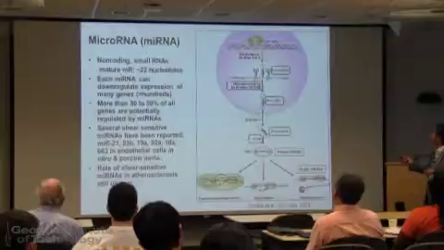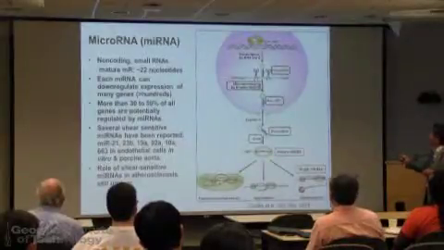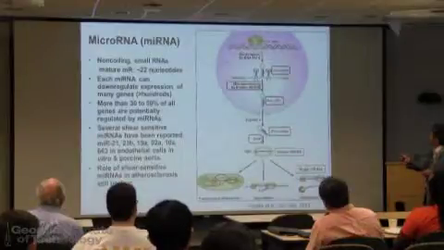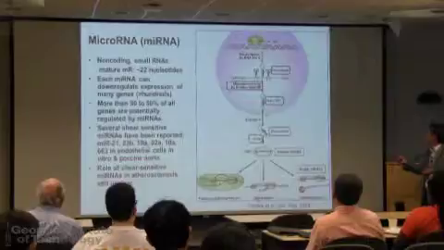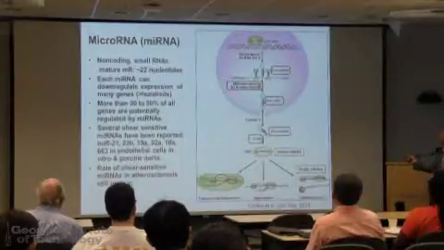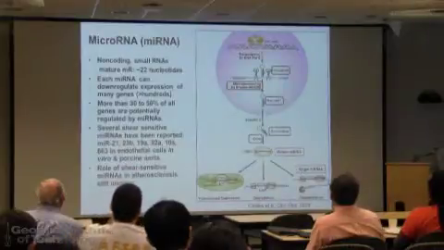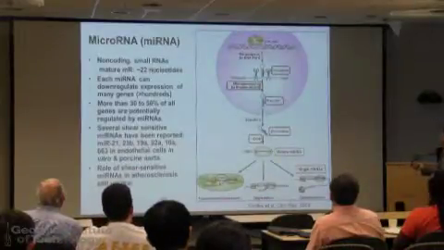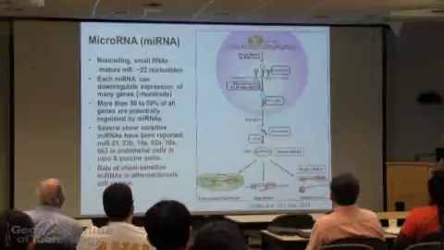It is made in the nucleus like any other gene, through transcription, and this is initially made into pri-microRNA. It's a longer sequence, and this pri-microRNA is then processed by the enzyme complex DROSHA and DGCR8, and this is then made into a pre-miR.